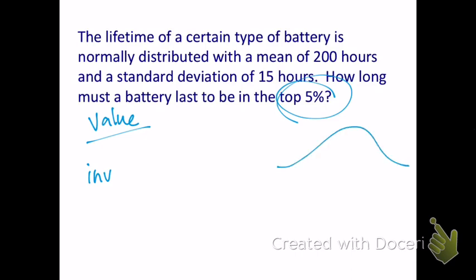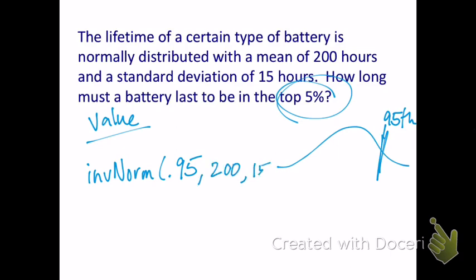If I've got a normal curve, the top 5% would be at the 95th percentile. So I'm going to do inverse norm of 0.95. My mean is 200. My standard deviation is 15. And what do you end up getting? 224.6728. 224 point something. 672.